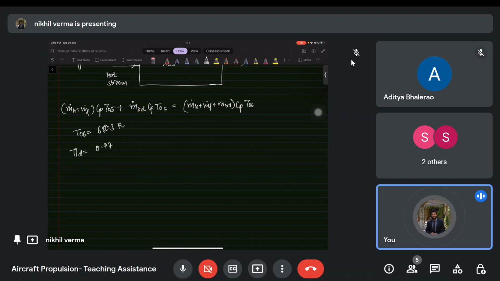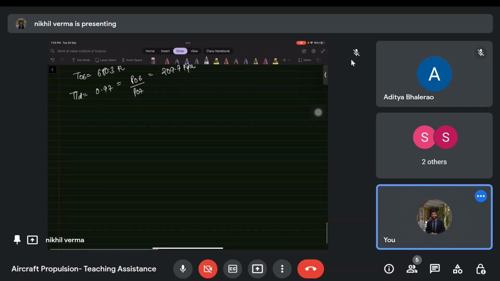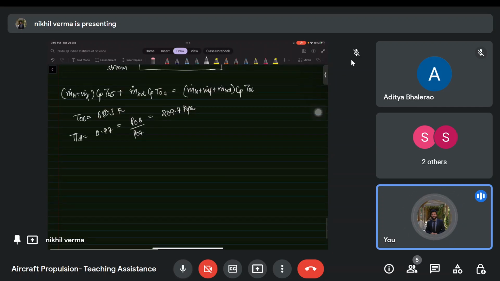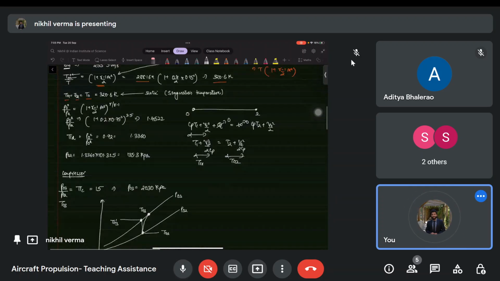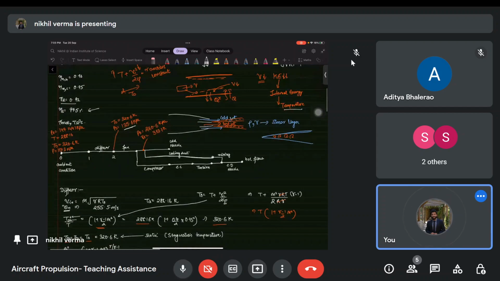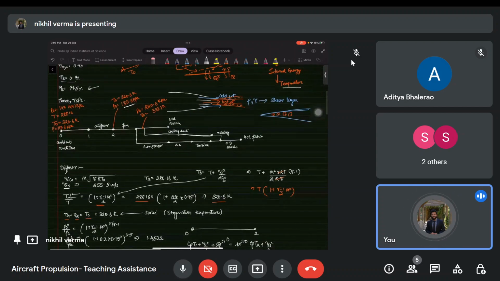So P naught 6 by P naught 7 is equal to 209.7 kilopascals. Okay, so let us write the values actually. Maybe it will be easier for us. So where were we?